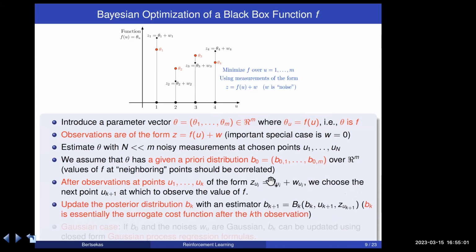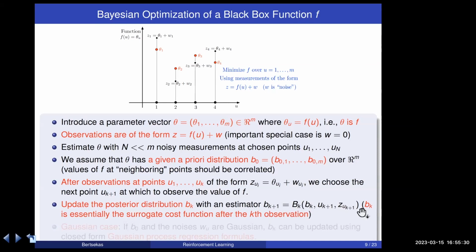All the statistics here, the prior distribution and the probability distribution of W, are known, so we can construct an updating formula for the posterior distribution. The posterior distribution at k plus 1 is given by the posterior distribution at k, the new point where we take the measurement, and also the value of the measurement that we get.